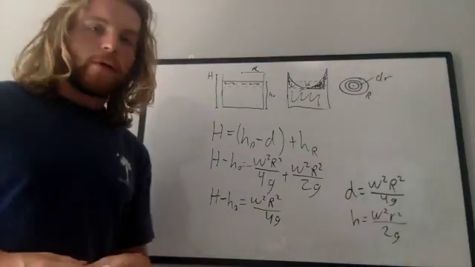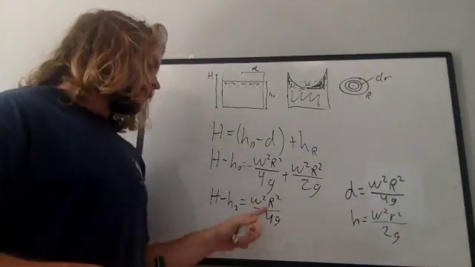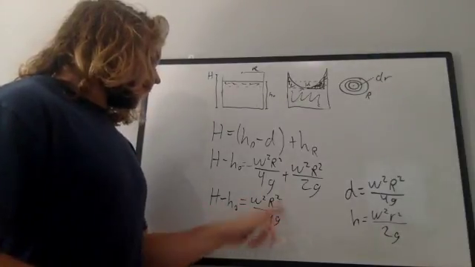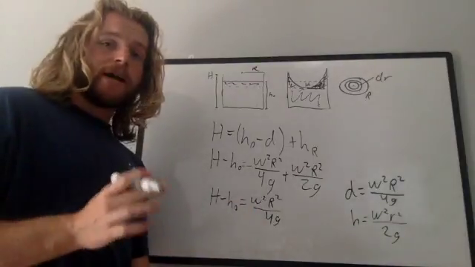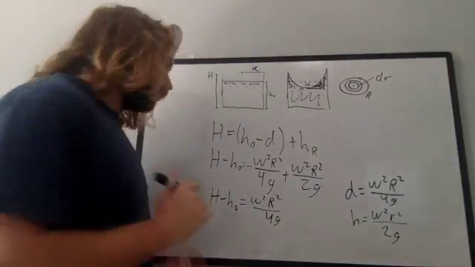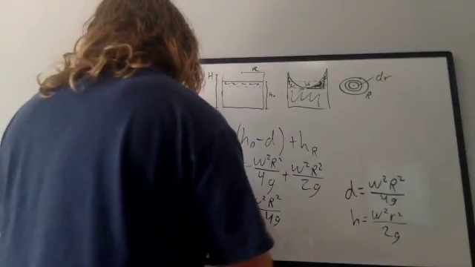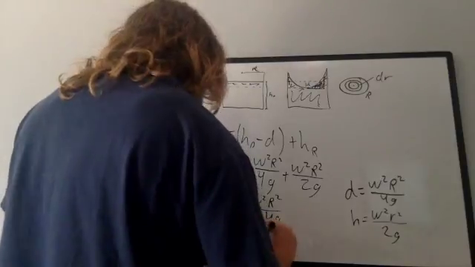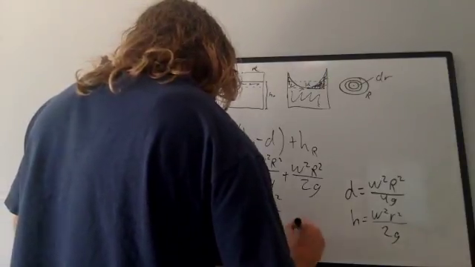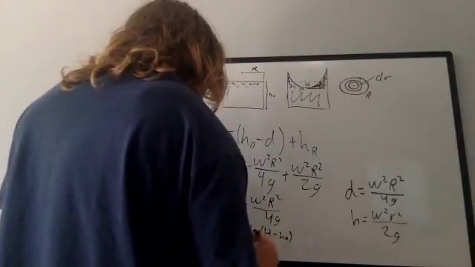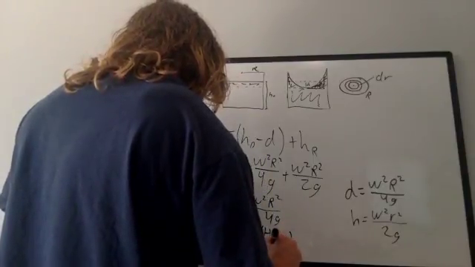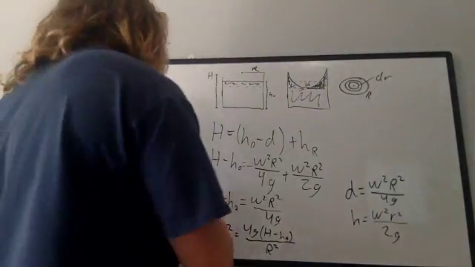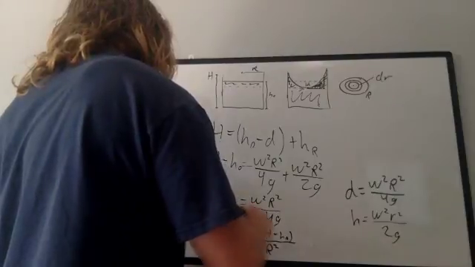And from here, all we really have to do is some simple algebra. So we'll go ahead and multiply that 4g over and then divide by r squared because we want to get our angular acceleration by itself. That is the variable that we are trying to solve for. So this is going to turn into w squared equals 4g times (H minus H0). And then we divide both sides by the radius of the cup squared. And then all we have left to do is to square root both sides to get just a regular angular acceleration over here.